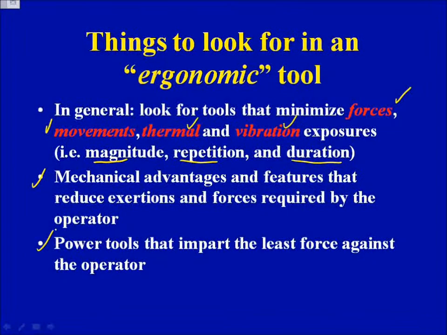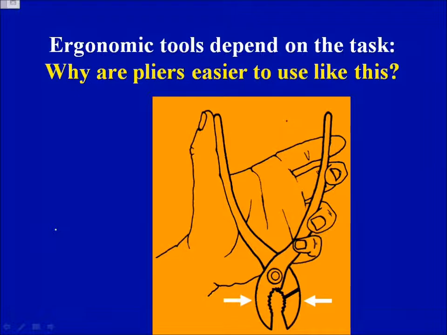So when we look at things to identify ergonomic aspects, we have forces, movements, thermal aspects, and vibration, magnitude, repetition, and duration all come into play. Mechanical advantages and features to reduce exertions and forces, and power tools that impart least force against the operator. In other words, you want to make sure that tool is doing the job for you rather than you doing the work for it. And I'll show you examples of that.